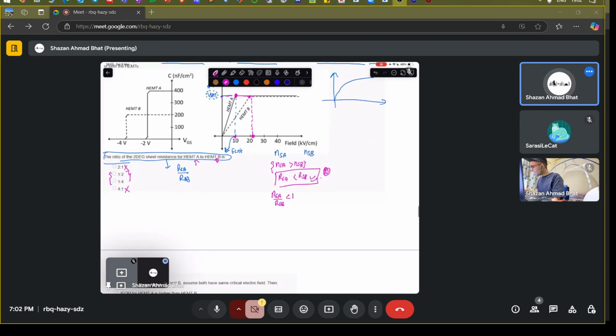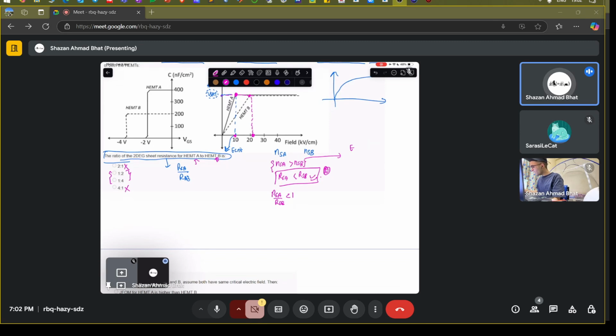So basically, this particular thing will depend upon the critical electric fields, and the critical electric fields are given here. You have 20, you have 10. You can basically compute it. It will be approximately 10 over 20, so you get 1 is to 2, which is Rs,A over Rs,B.